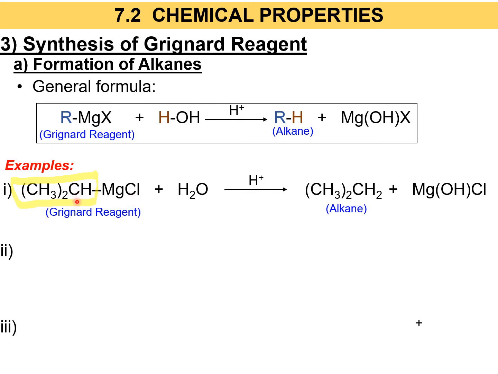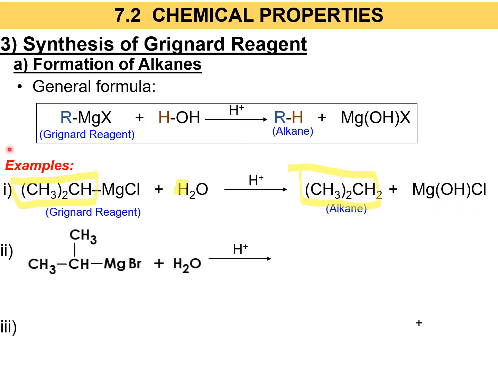Because this alkyl group will accept one hydrogen atom from the H2O. So daripada satu je hydrogen, and then dia akan jadilah dua hydrogen. What happened to the MgCl? The MgCl dia akan dissociate daripada alkyl group ni, and then dia akan jadilah MgOH Cl like this.